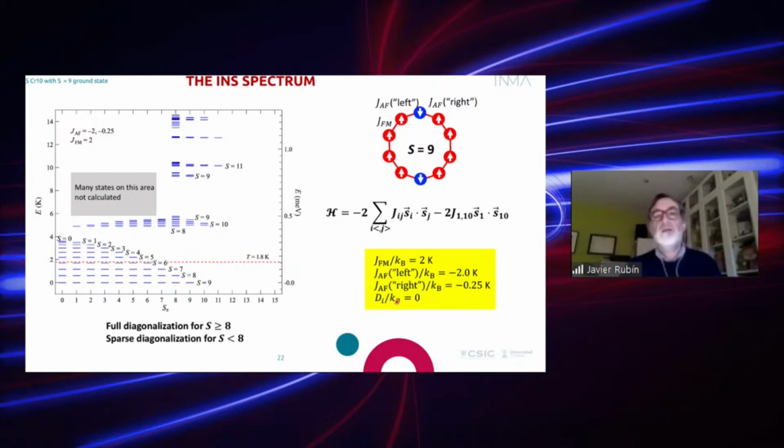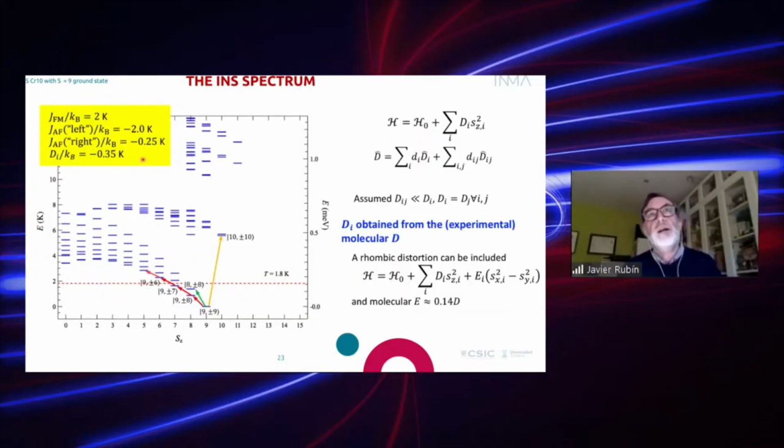Okay, so these are the states, the spin multiplets, and when we add an anisotropy at this site, which is derived from the total anisotropy, which can be done in the strong exchange case, then we get all this spectrum, where some of the arrows show what can be seen in an inelastic neutron spectrum, right?